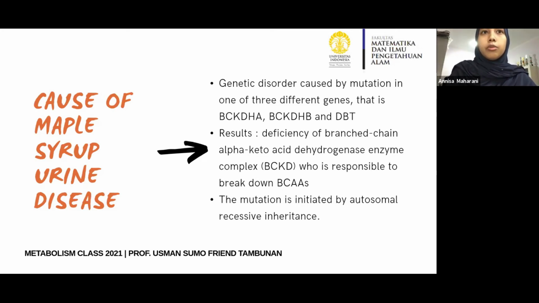The mutation is initiated by autosomal recessive inheritance, whereby 2 copies of the non-working gene, one from each parent, develop the condition. If an individual receives 1 working gene and 1 non-working gene, the person will be a carrier for the disease but usually will not show symptoms.